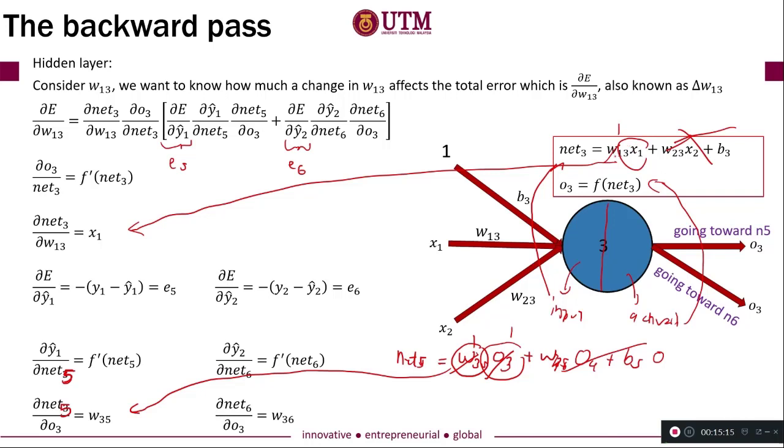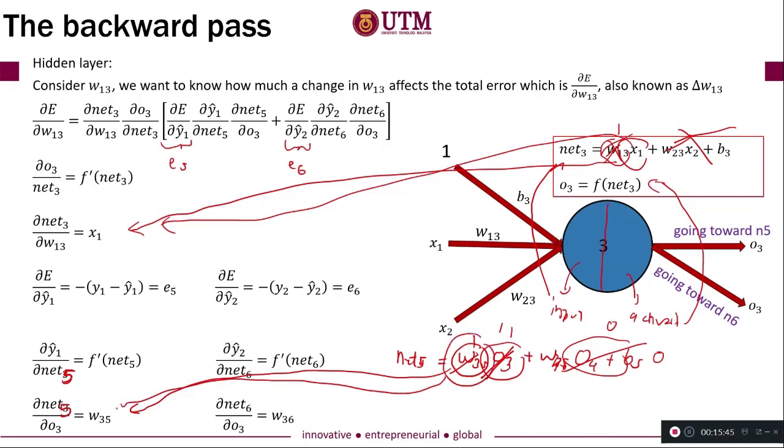There, you take the derivative with respect to W, which is why you cancel this one and bring this one forward. But when you do net 5, you take the derivative with respect to O3, so the one that is cancelled becomes 0, this one becomes 1, and the one that you bring out is W35. You need to repeat the same process for del net 6 over del O3, and you will find that it should be W36.